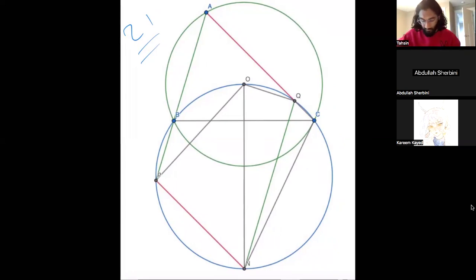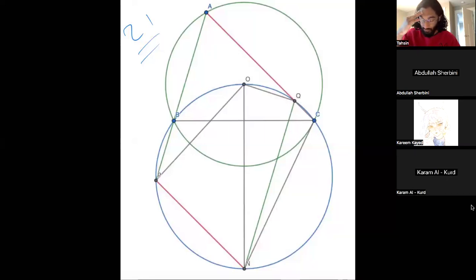So any idea? Let's first read the problem. We have a triangle, and O is the circumcenter of the triangle, and then we have another circle. This circle goes through B, O, and C. So it goes through B and C and the circumcenter of the original triangle.